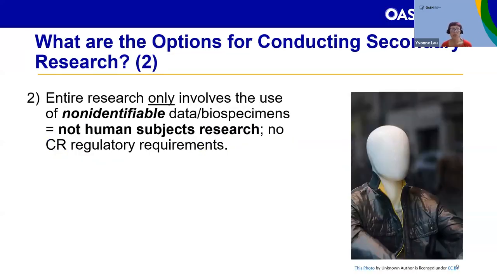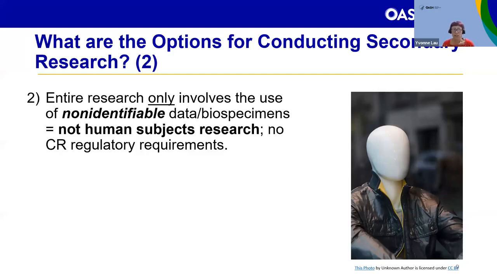What are the other options? Of course, the entire research could be non-identifiable. We don't need any of the information to be identifiable, or we get the biospecimens but we don't need to know where they came from, right? So if the entire research only involves the use of non-identifiable private information or non-identifiable biospecimens, go back to the definition of human subjects, which says identifiable, right?